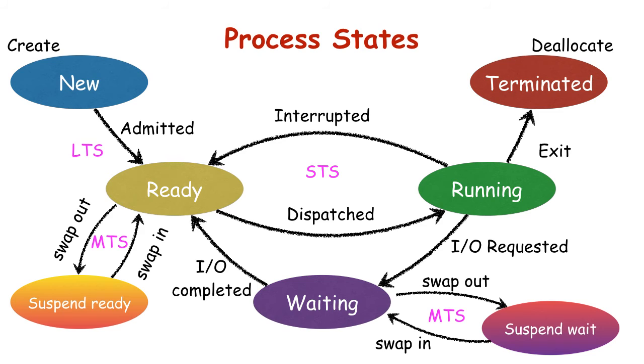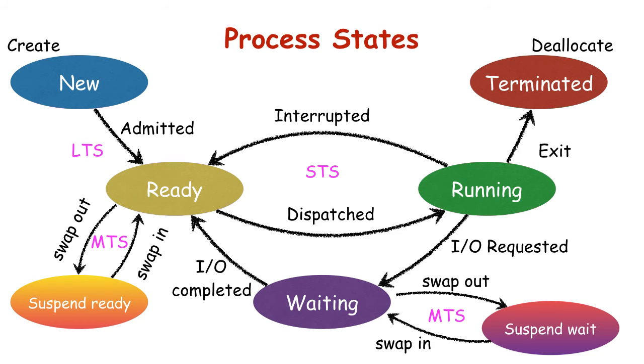So this is what is meant by the ready state, running state, and the waiting state. In the ready state, a process is ready to be executed. So whenever it gets the chance to execute, it would use the processor and execute. While in the waiting state, we are waiting for some other device to be used to perform a following operation.